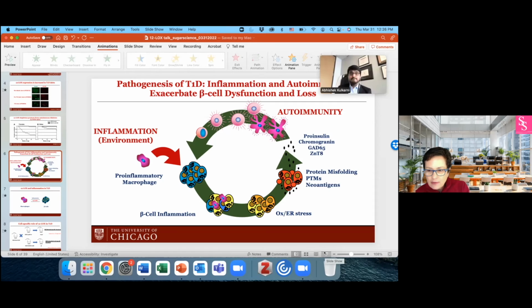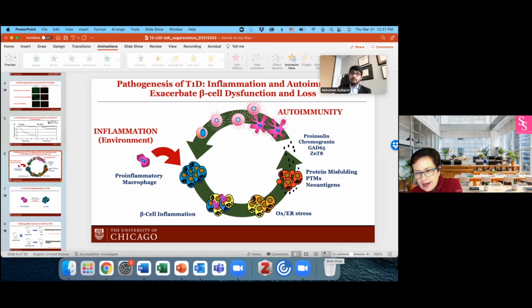You've got first presentation of one autoantibody, then a second, and then a progression to full-blown diabetes. In context of that, is there any evidence that 12 LOX is increasing or decreasing across that scope?